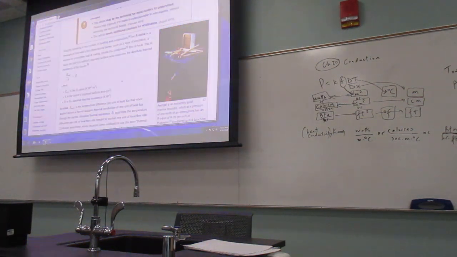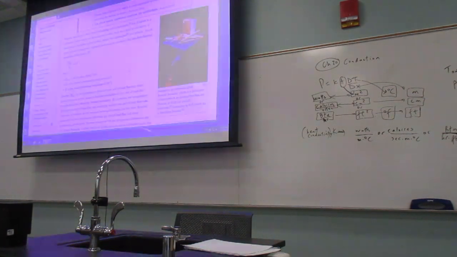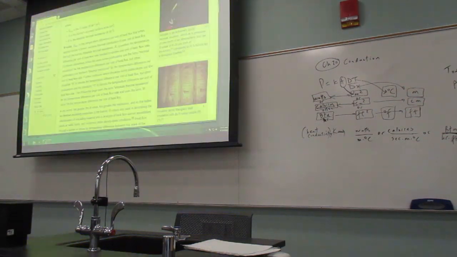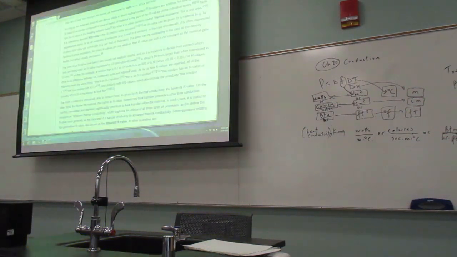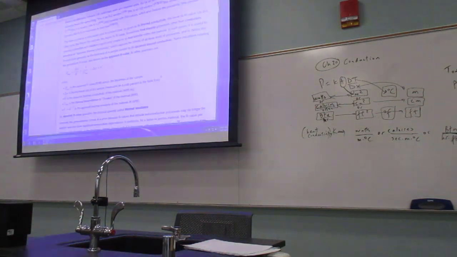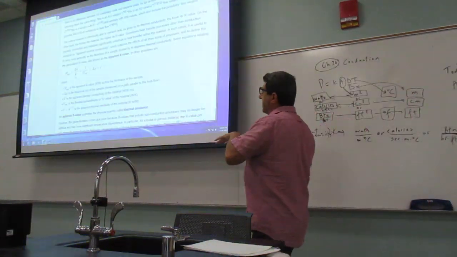Wikipedia. Where's the simple equation here? Yeah, that's the equation I was looking for. R is delta X over K. Okay, so basically that's the simple definition.